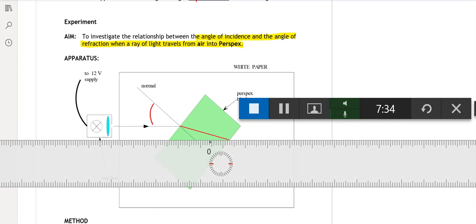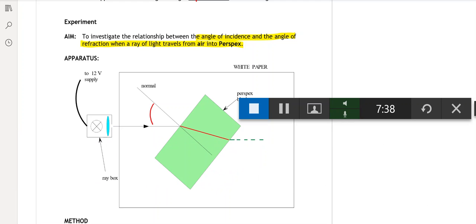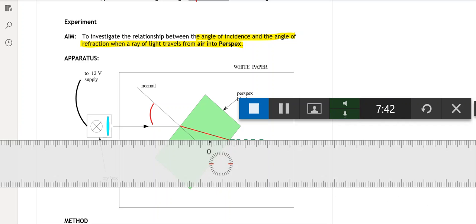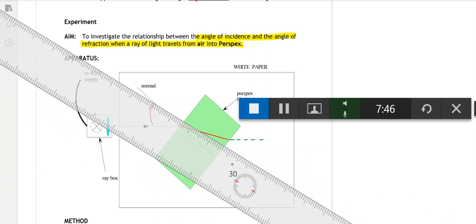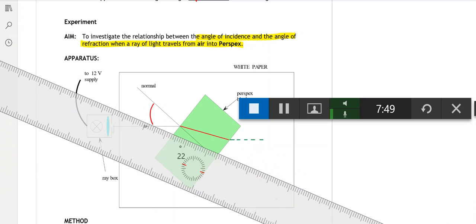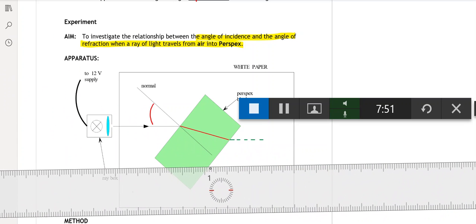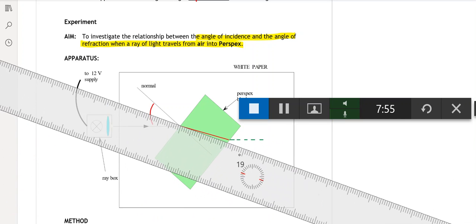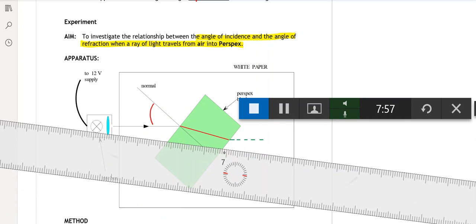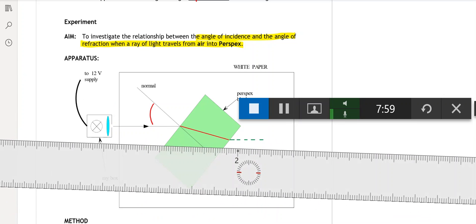So let's draw in our normal line here. And we take our red pen and our ruler. Now, generally the light enters the block parallel to the angle that it leaves the block. What I'm going to do, actually, I've used the wrong color of pen, so we're going to rub out this green line.